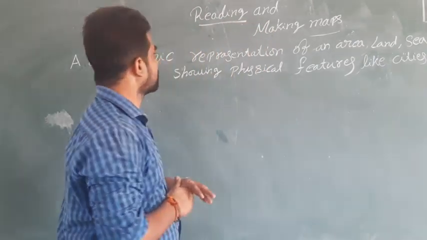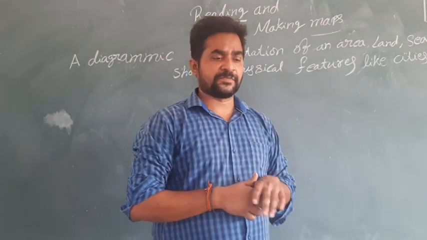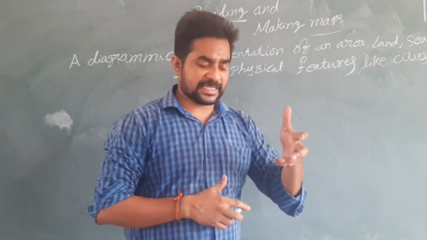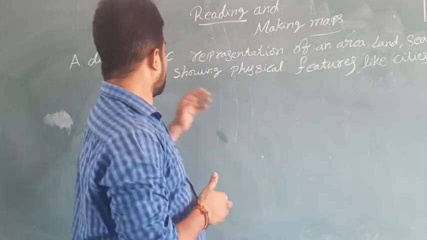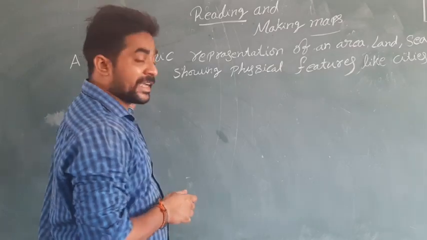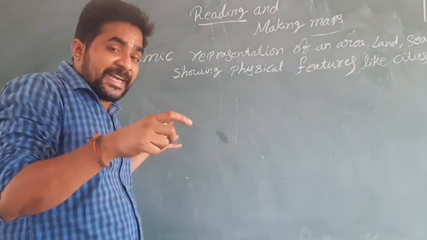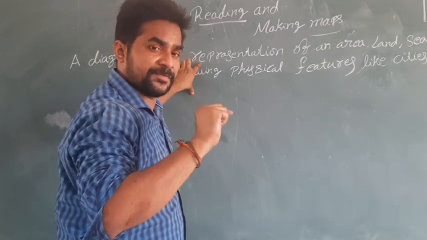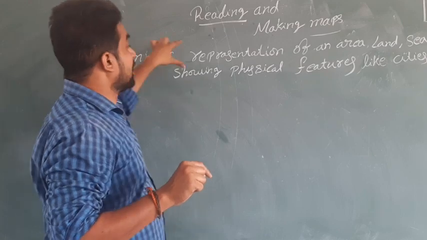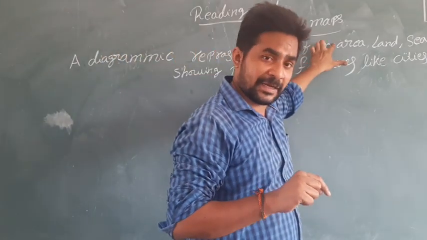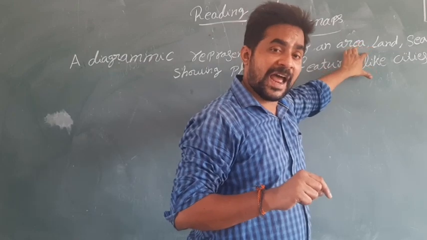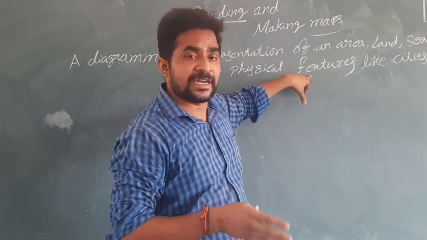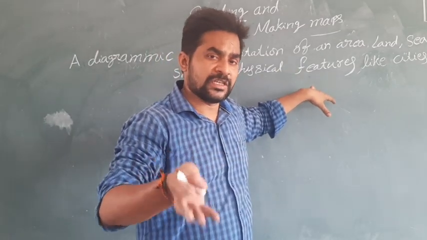First, I'm going to start with the definition of a map. What is the definition of a map? The definition of a map is that it is a diagrammatic representation of an area, land and sea, showing physical features like cities, roads and other things.